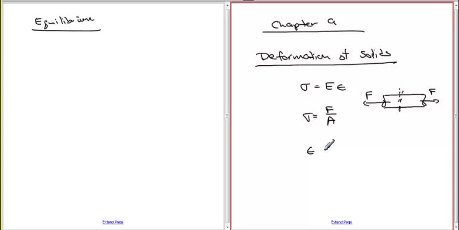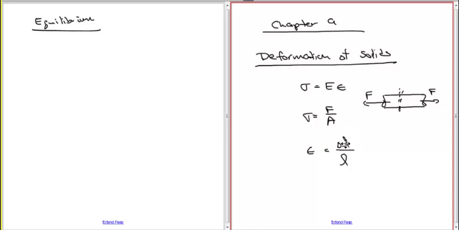Then you have strain. Strain is the change in the length divided by the length. So, if this thing is initially 2 meters long and you apply a force, you get a deflection. If the object is twice the length, then you're going to get twice the stretch. So that's what this is.